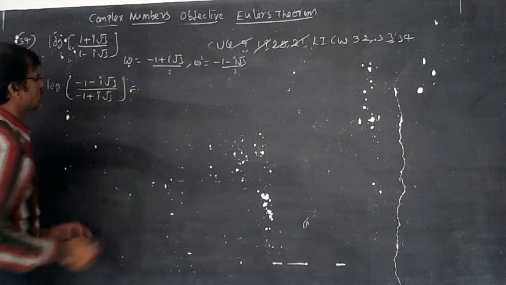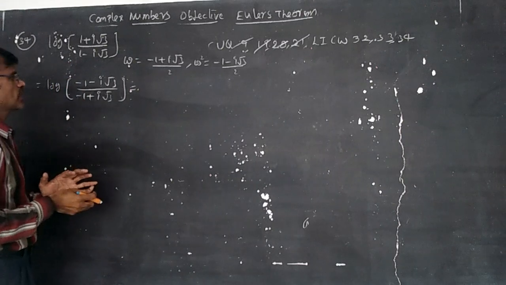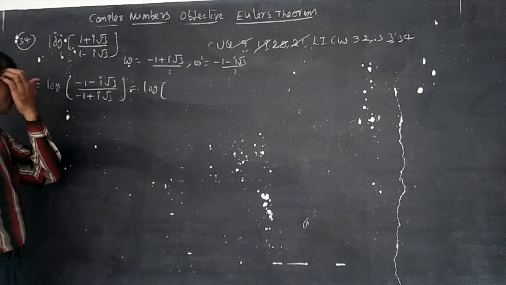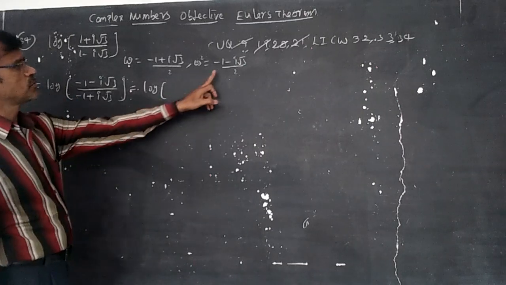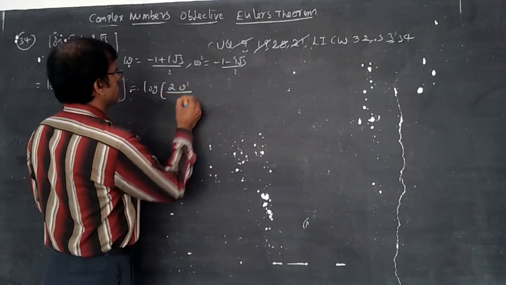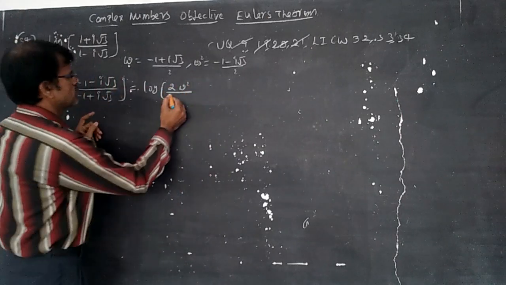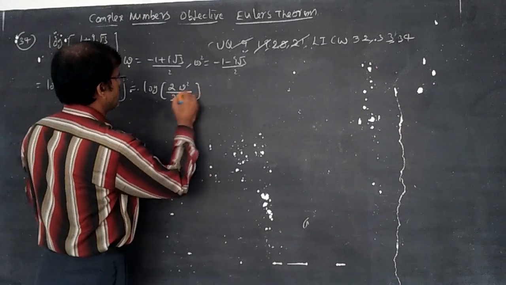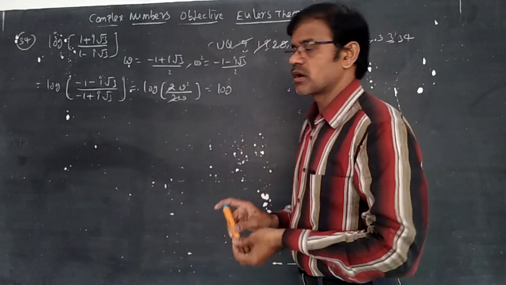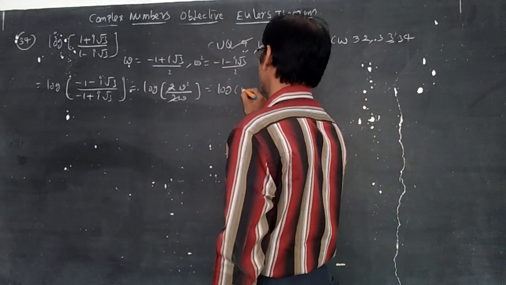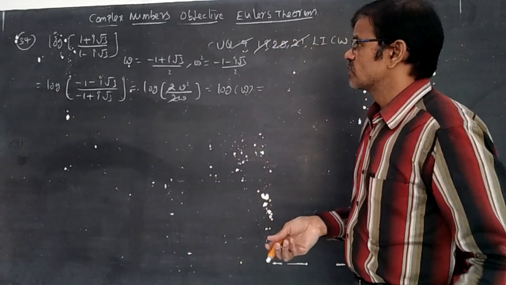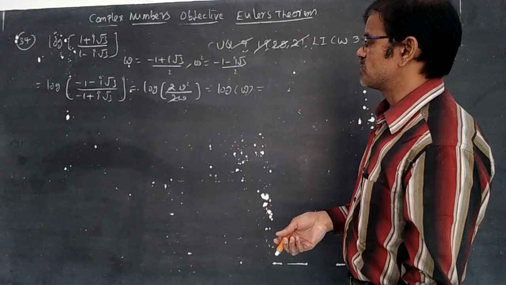With minus, numerator and denominator multiplied, that is equal to log of minus 1 minus i root 3 by 2 over minus 1 plus i root 3 by 2. So this is 2 omega square by 2 omega. 2 gets cancelled. So log omega square by omega becomes log of omega.